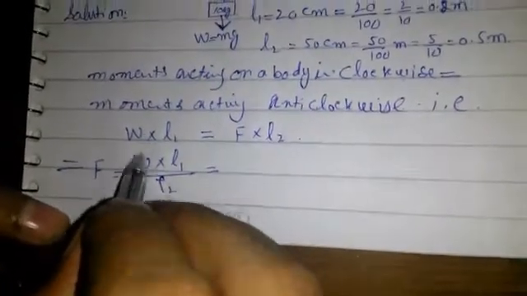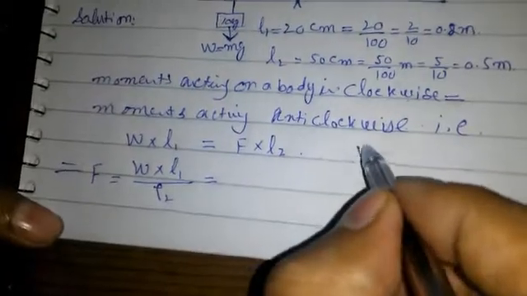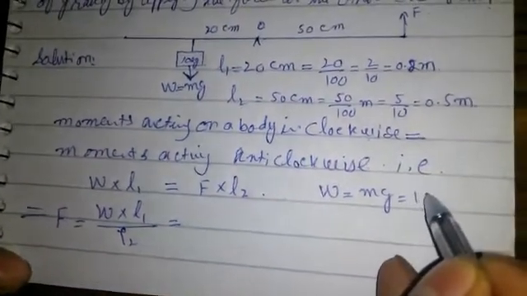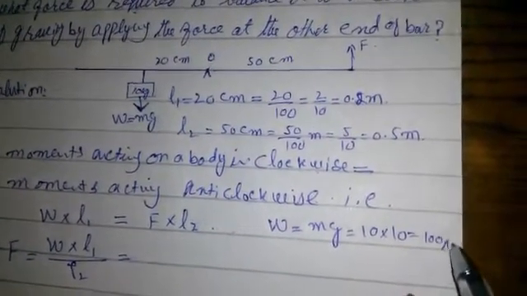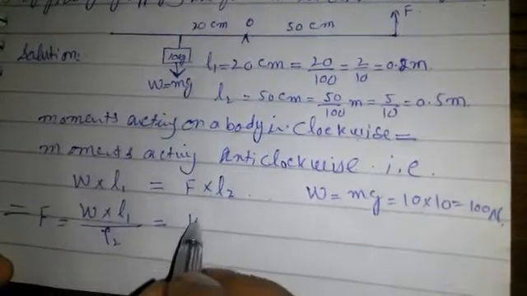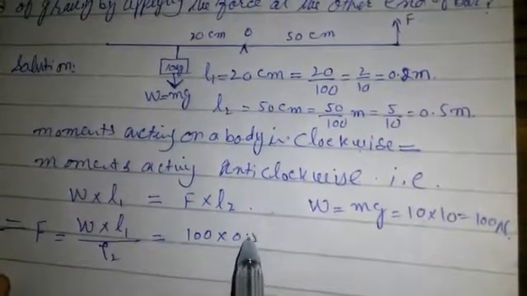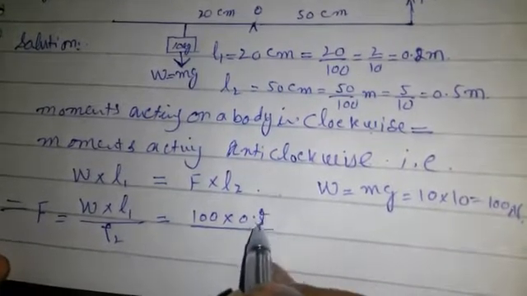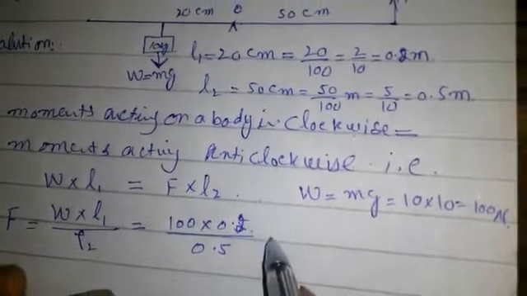Now putting the values, W is equal to mg, 10 kg, is equal to 10 into 10, is equal to 100 Newton. 100 into 0.2 over 0.5.